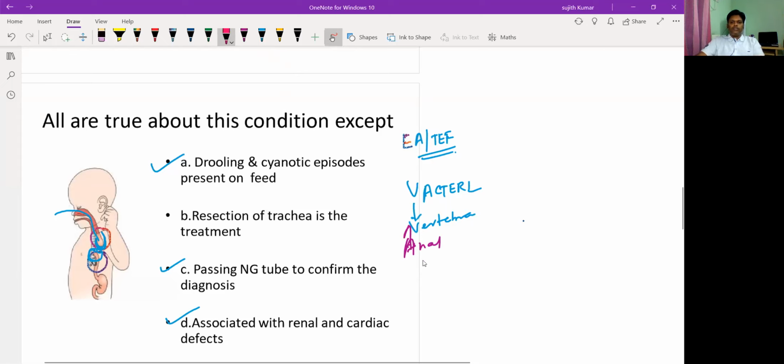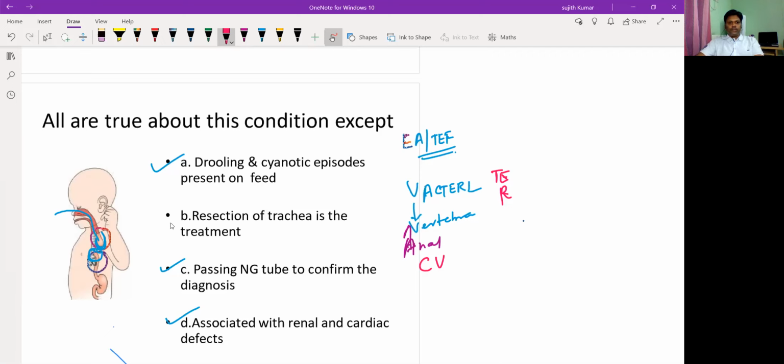C stands for cardiovascular anomalies, and T we already know is tracheoesophageal fistula, and E is esophageal atresia, and R stands for renal defect, and L stands for limb anomalies. Okay, VACTERL anomalies. These anomalies usually will be associated with the tracheoesophageal fistula and the esophageal atresia.